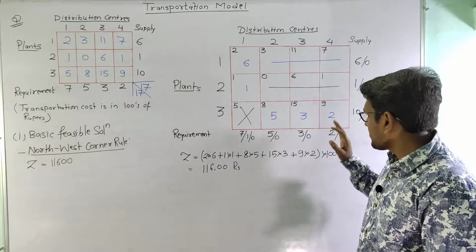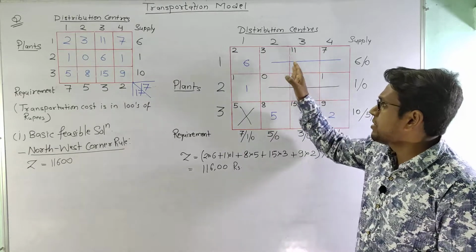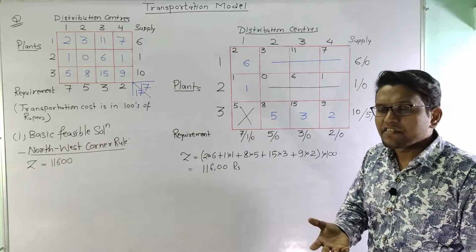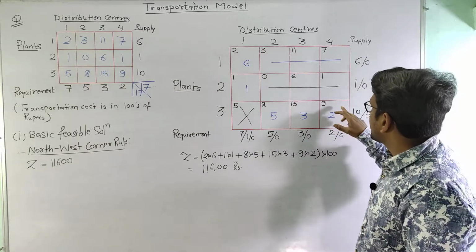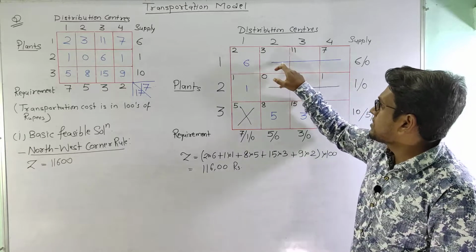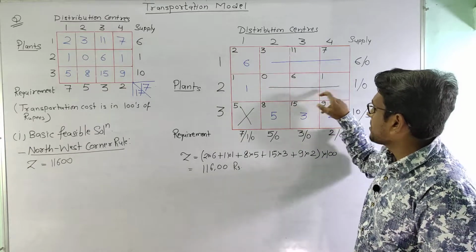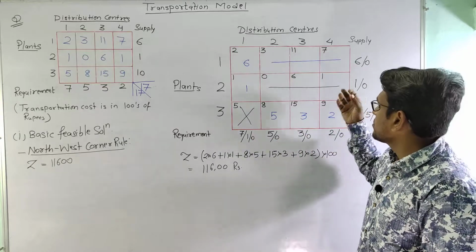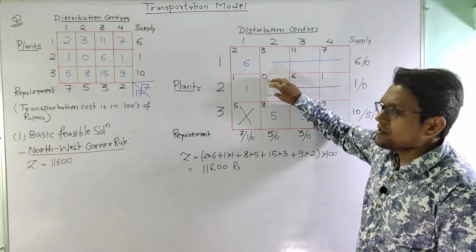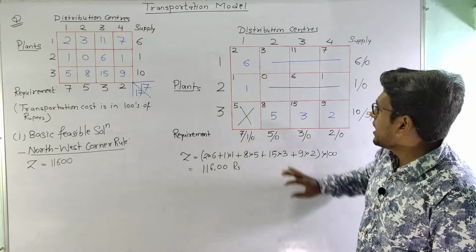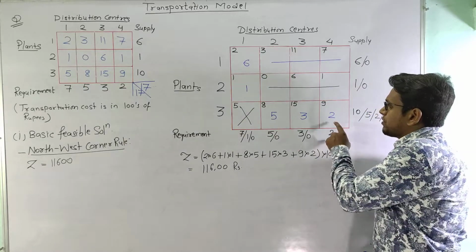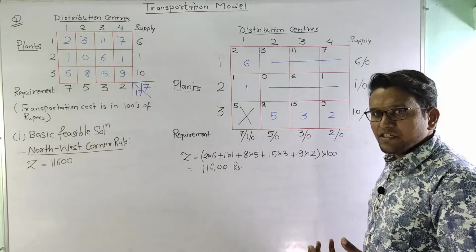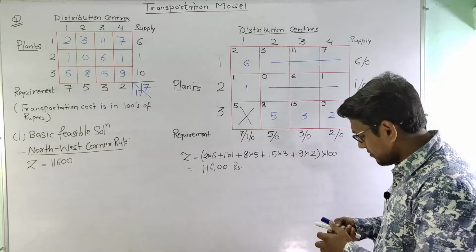That means all the cells must have either 0 allocation or greater than 0. So we can see that the cell in which there is no allocation will have 0 value. That means there is no transportation of any unit out there, and where we have allocation we have all the positive values. So our second condition also satisfies.